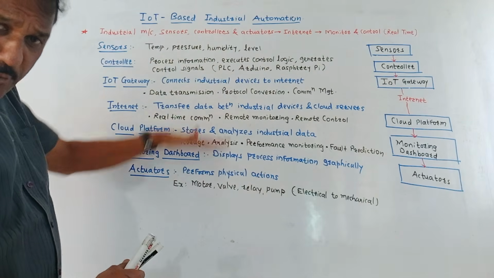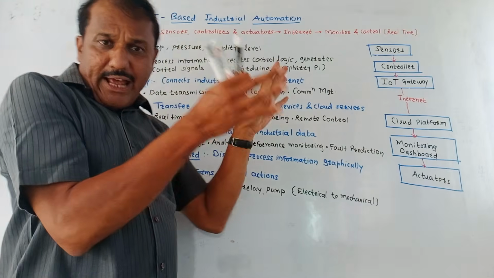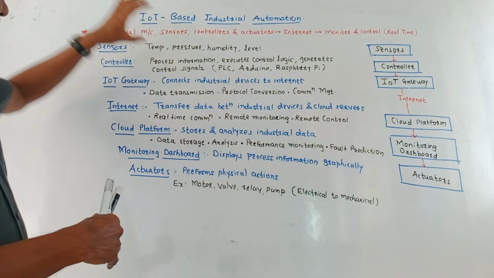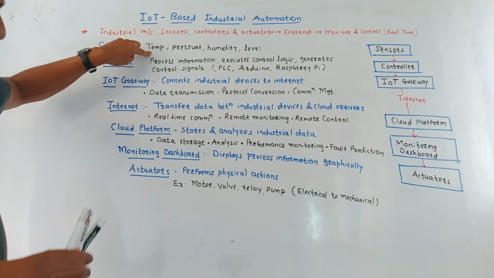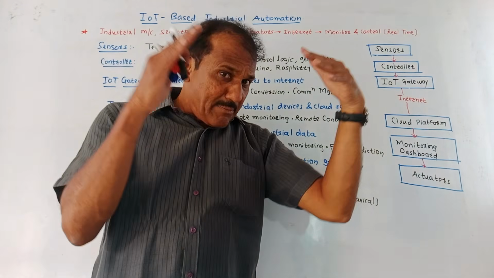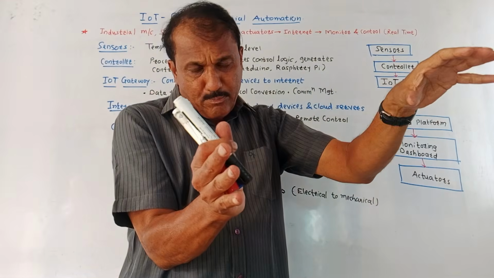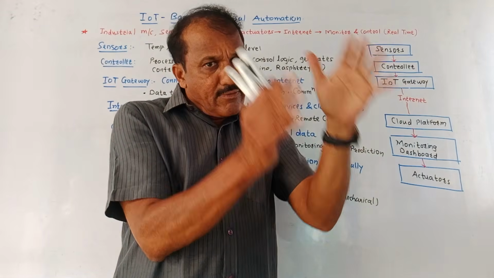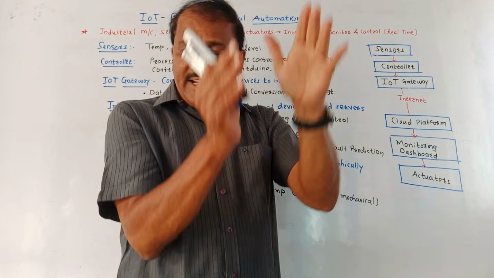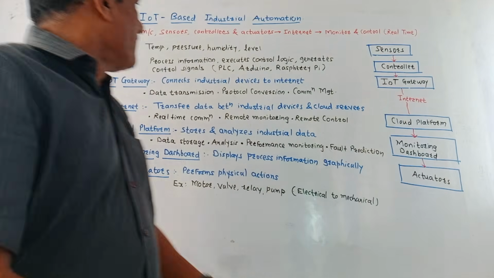I have written a few important points, so I advise your answer must include these points. The sensors may be temperature sensor, pressure sensor, humidity sensor, or level sensor. As I mentioned, the function of this sensor block, it is a transducer block, is to accept the physical signal like temperature, humidity, level, and convert it into an electrical signal.